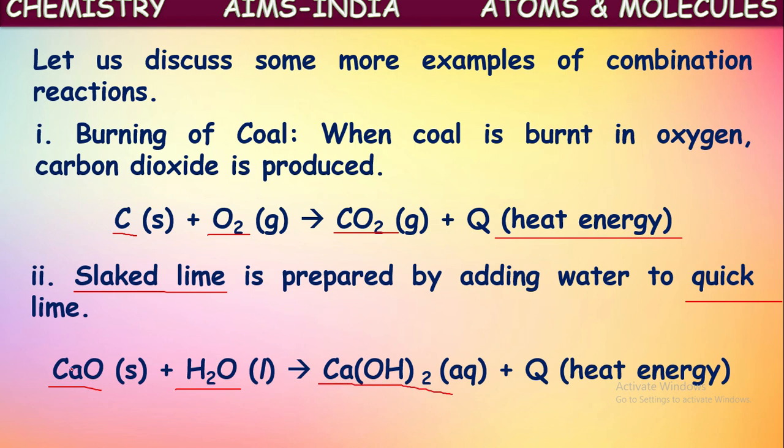What is happening in this? If you observe, a compound calcium oxide combines with another compound water to form a new compound calcium hydroxide. So in this, two compounds combined together to form a new compound. Now we can say this also is a combination reaction. If you observe here, in this reaction also heat energy will be evolved.